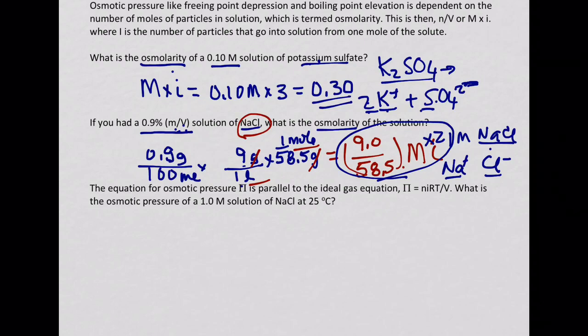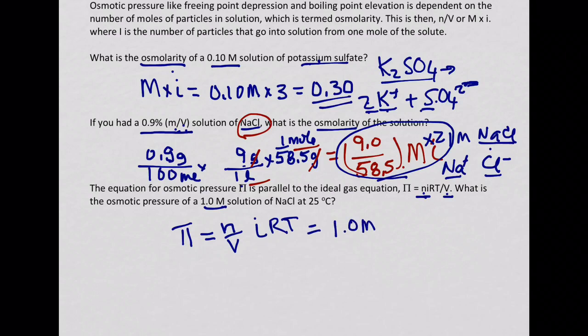So if we set this one up, we'd have the osmotic pressure is equal to our n, and in this case, n over V is actually molarity, because it's what? Moles over volume, and that's what molarity is. So our n over V times iRT is equal to what? 1 molar, which is that right there.